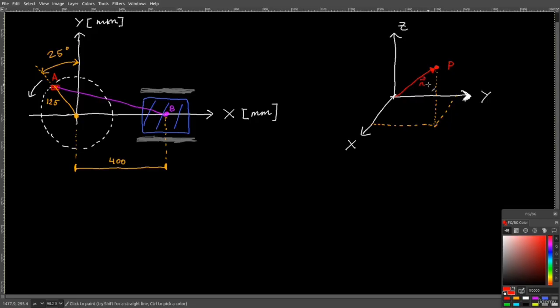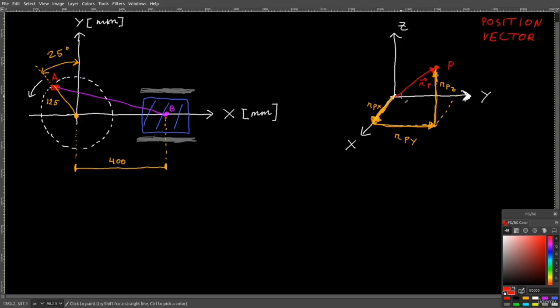I call this vector RP. This vector can be constructed with the three XYZ components, RPX, RPY, and RPZ. And this vector RP, it's called a position vector. It makes sense because it describes the position of something.